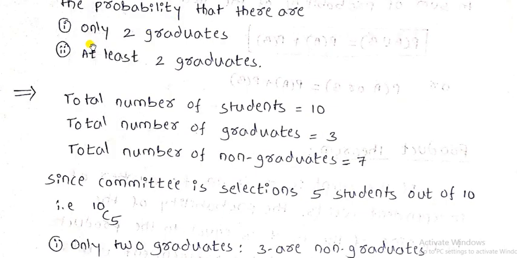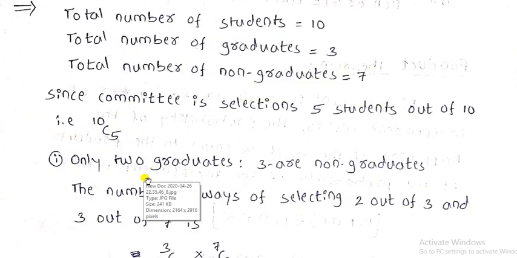Now we will solve the first example, only 2 graduates. In a committee of 5 students, only 2 students are graduates, so it denotes that 3 are non-graduates. So the number of ways is selecting 2 out of 3, and the second possibility is 3 out of 7.